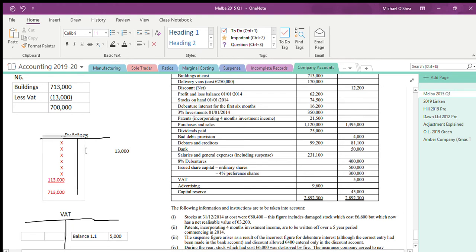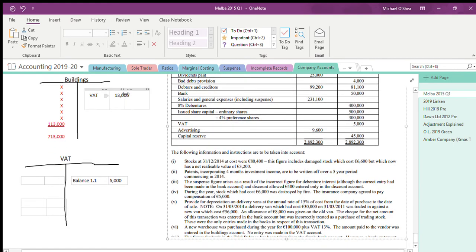So if I put VAT on the credit side of the buildings account, the double entry will be to debit that VAT in the VAT account. Everything has to have an opposing entry, that's why we have a balance at the bottom. The way to understand the VAT account is that it's generally there to show most companies how much they owe the government.